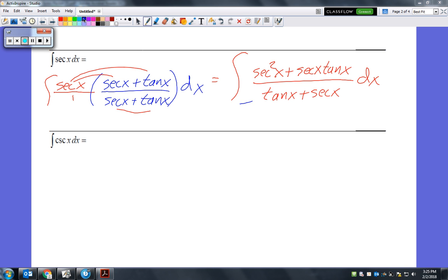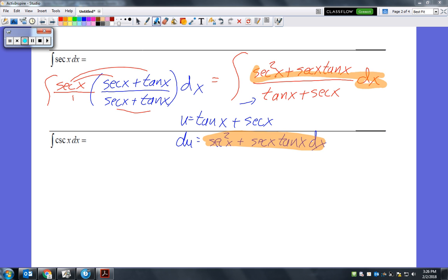Yeah, my denominator. So u is tangent x plus secant x. What's du, guys? Secant squared plus secant tangent dx. Nice. What we just did, after we created that form of 1 and took my derivative, is that we picked up our entire newly created numerator.